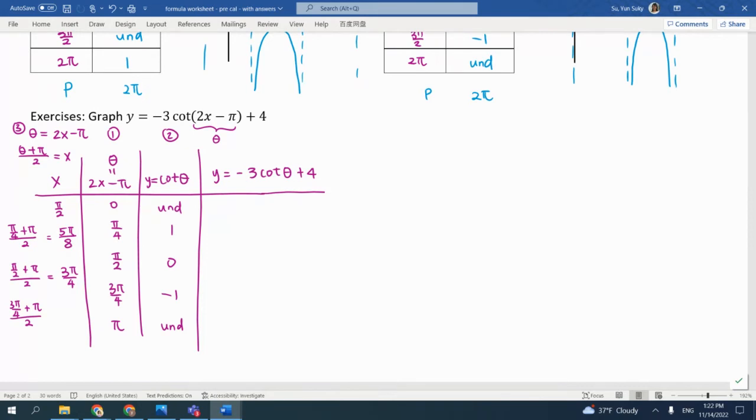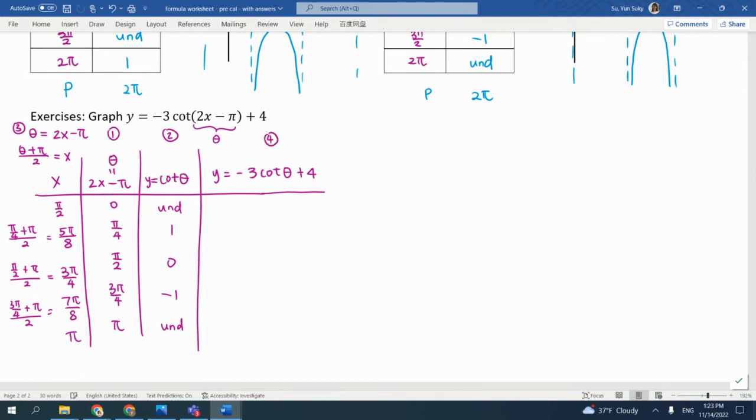What's 3 pi over 4 plus pi? 7 pi over 4. Divided by 2? Yeah, 7 pi over 8. Good. When we plug in pi, what happened? Pi plus pi over 2 is pi. Yes. So we figure out the x values.